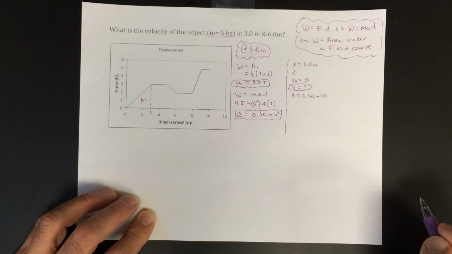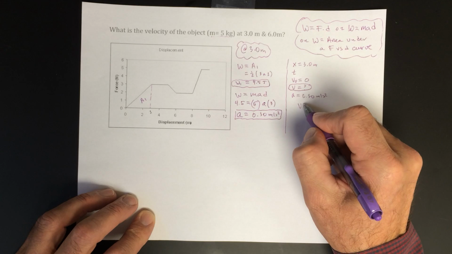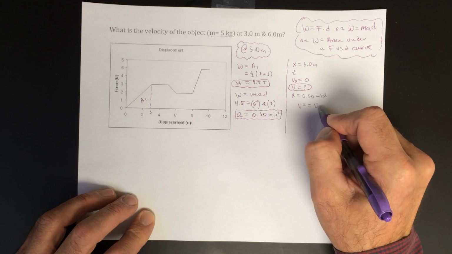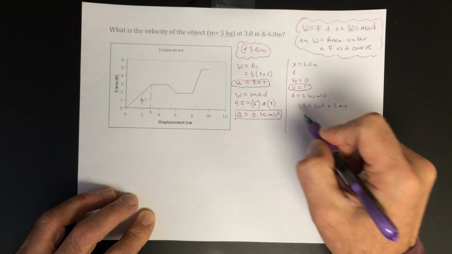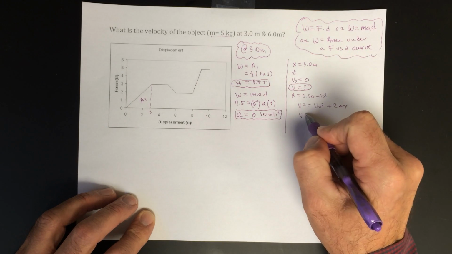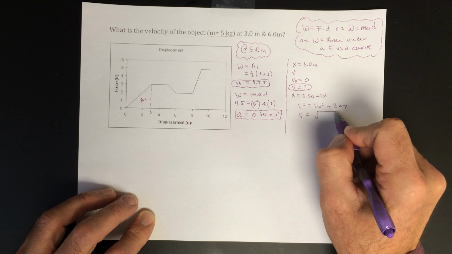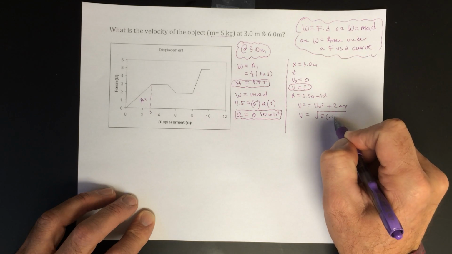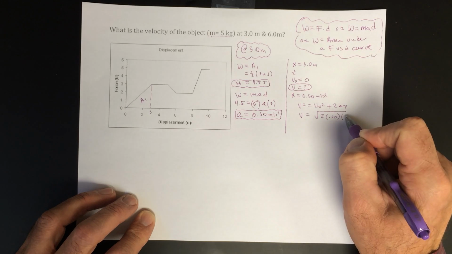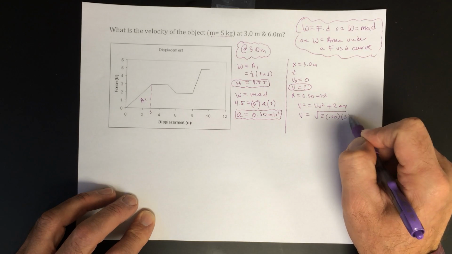So what I could do is I can use the VF squared equation. So V squared is equal to V naught squared plus 2AX. That's equal to 0. So V is going to be equal to the square root of 2 times 0.30 times the distance 3.